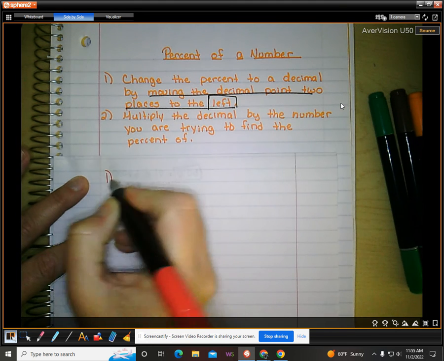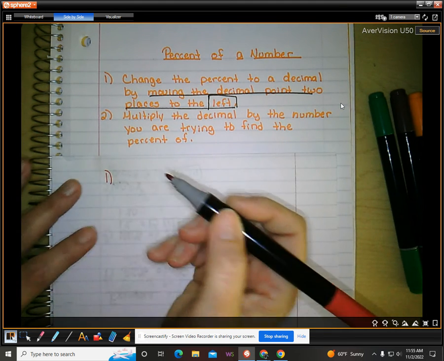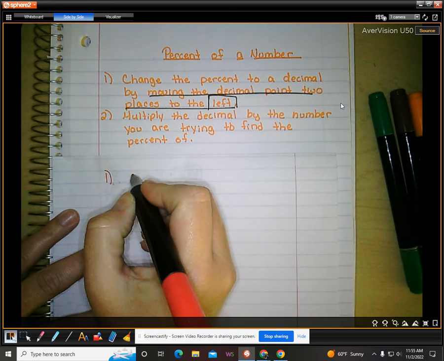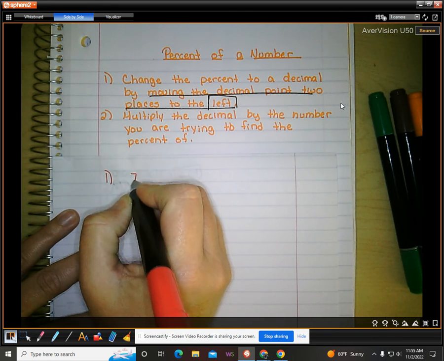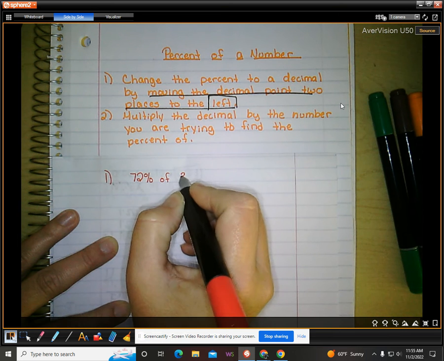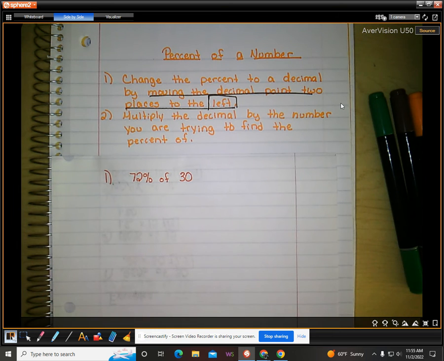First one we're going to look at is just a normal percent between 0 and 100. So let's say we needed 72% of 30. Here's what you need to be thinking when you're asking yourself, does my answer make sense?